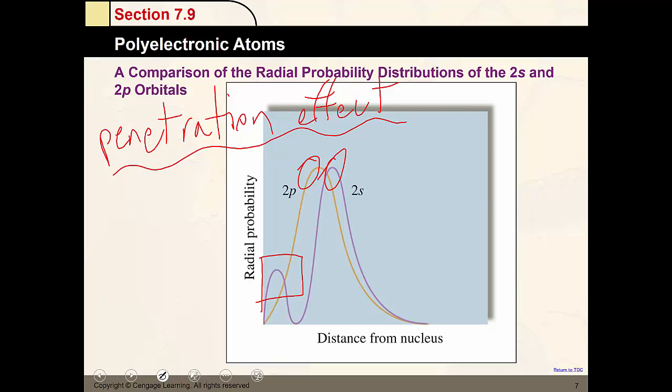What that means is it causes an electron in the 2s sublevel to be more attracted to the nucleus.